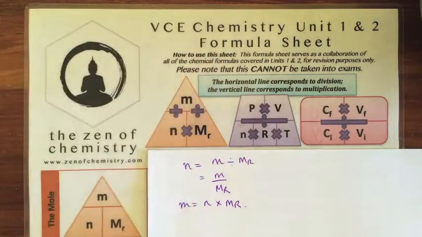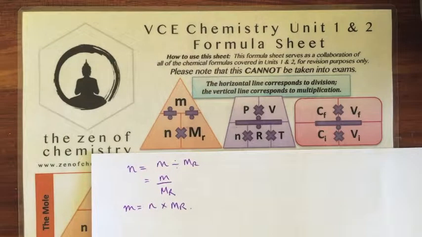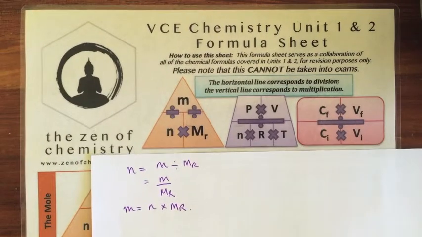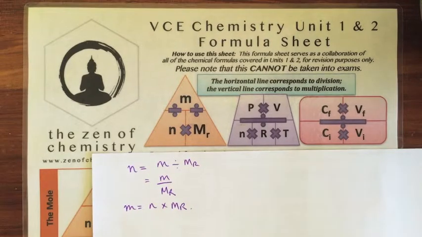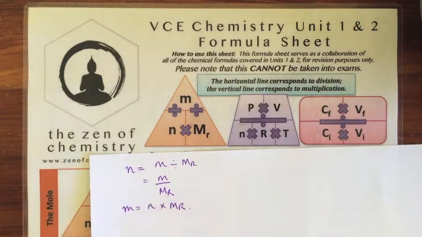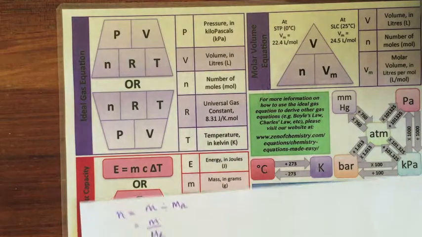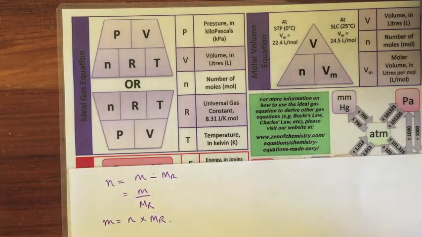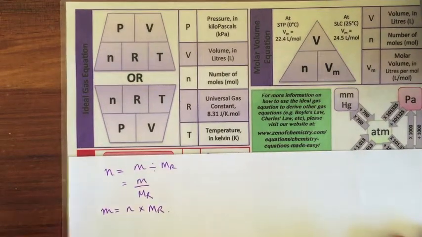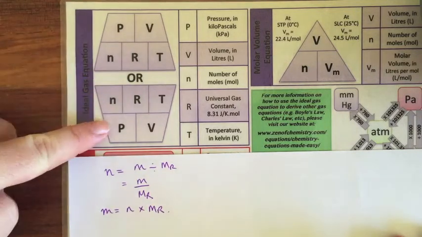Okay, if we want to use our PV equals nRT one, this is actually a trapezium. It's a little bit different. If we have a look over, this is our unit 1 and 2 sheet. So you'll notice we have this one or this one.